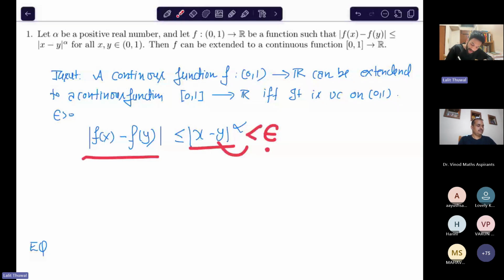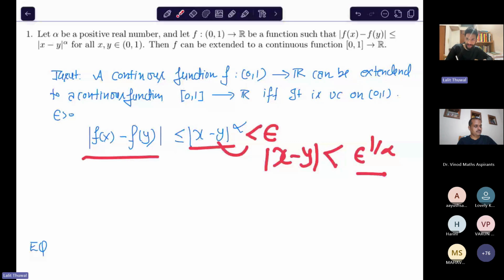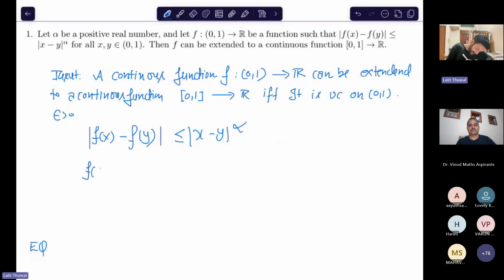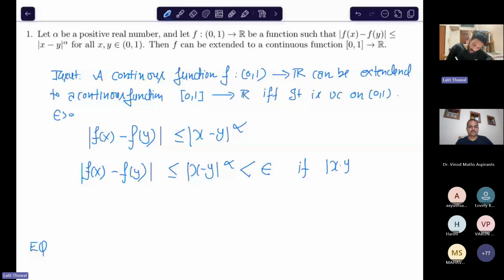If |x minus y| is less than this number, and this is a positive number, we can take it as delta. So we write |f(x) minus f(y)| is less than |x minus y|^alpha, and this is less than epsilon if |x minus y| is less than this number, which is positive because epsilon is positive.